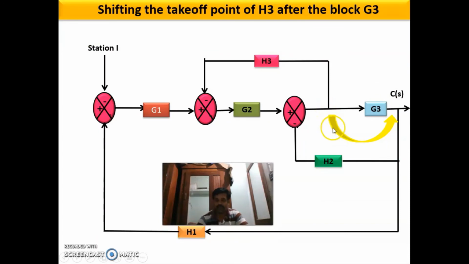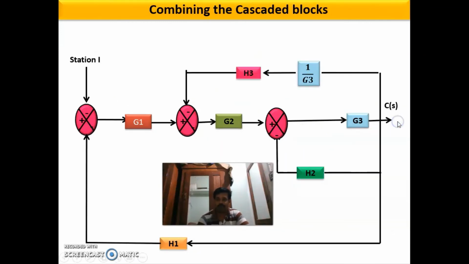So we are going to move this branch point after the block G3. Since we are moving this branch point after G3, you have to multiply 1 by G3 to this feedback path. What is the need? Before moving, G3 is not coming in that line, but after moving, G3 is coming.